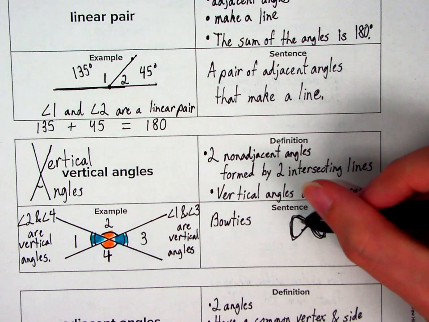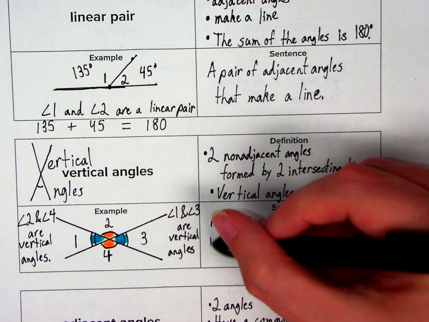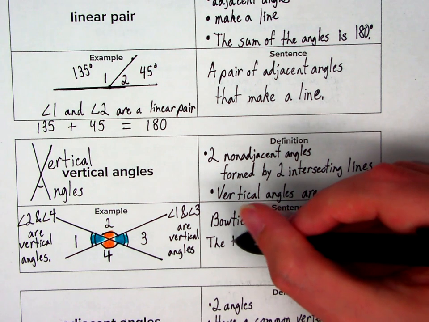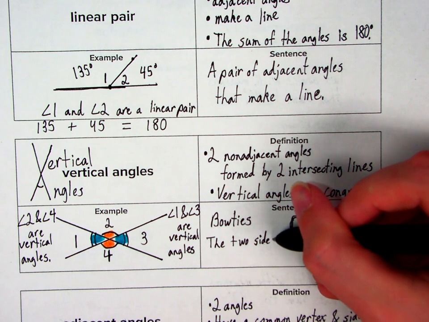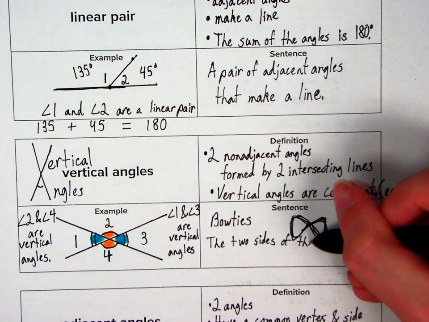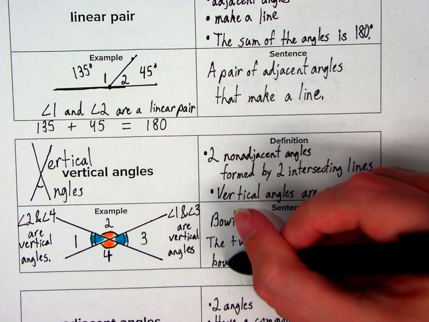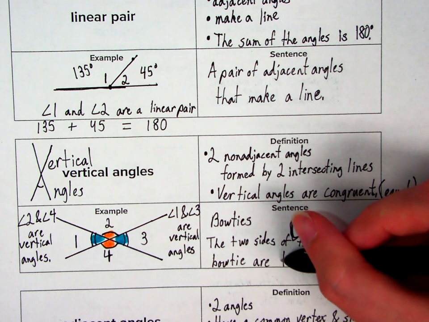Your bow tie is not set up well if the two are not matching. The two sides of the bow tie are the same.